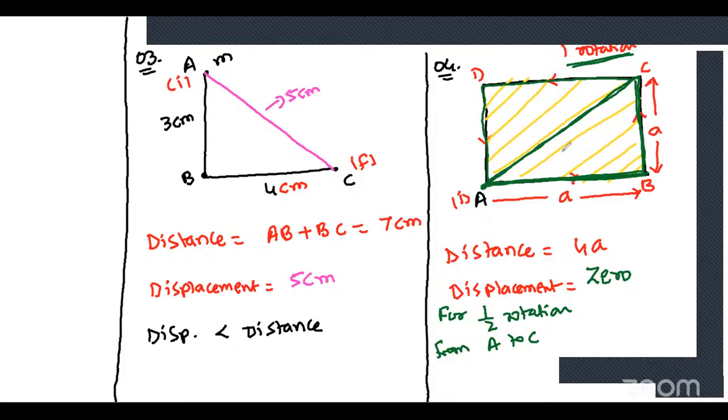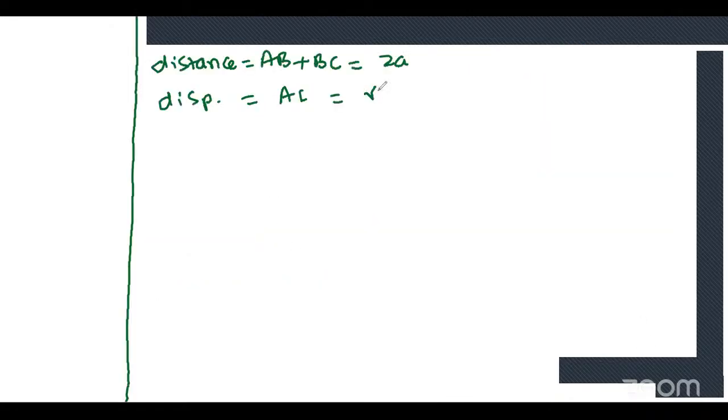It is a diagonal, and we have a right angle triangle ABC. Applying the Pythagoras theorem, AC equals root 2 times a.